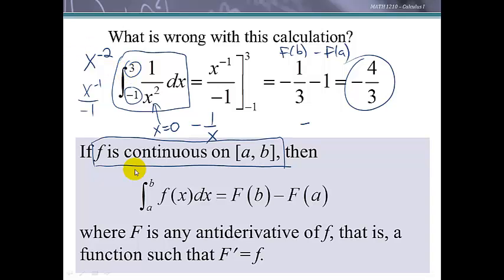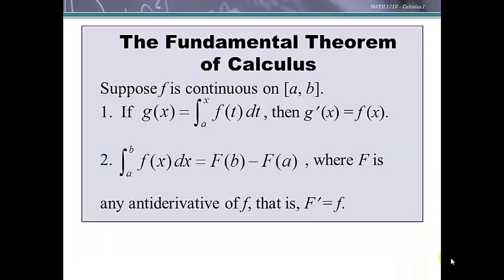So f is not continuous from -1 to 3, and therefore the fundamental theorem does not apply. What you get is not a valid result. So the main thing we want to be careful about is we don't try and apply the fundamental theorem if we have not met the conditions of the theorem.